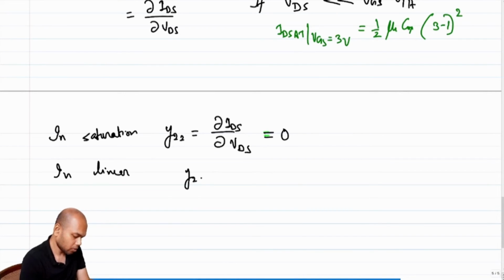What about in linear region? What is y22? y22 will be del del VDS of the linear region current equation.